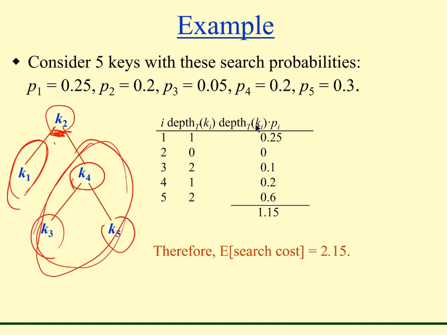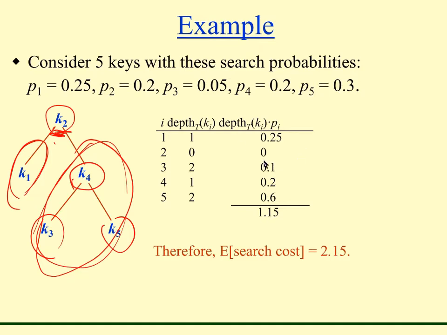That means this is multiplication, right? So depth, this one multiplied by this one. So 1, 0.25, 0.25, and 0; P2, so it's 0. And then P3, so 2 for the depth, 0.1, and then depth 1, and then P4, 0.2, and then depth, P5, so it's 0.6.